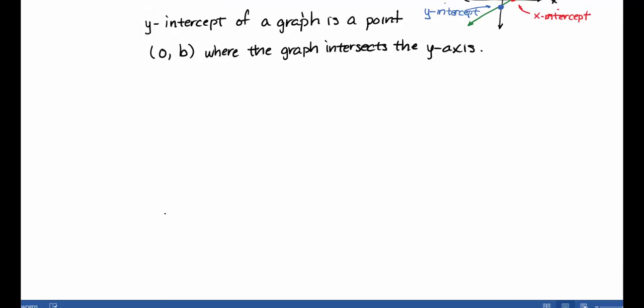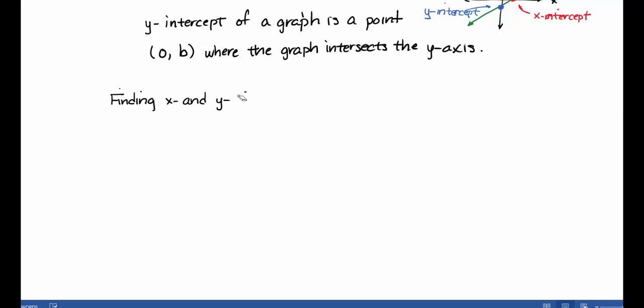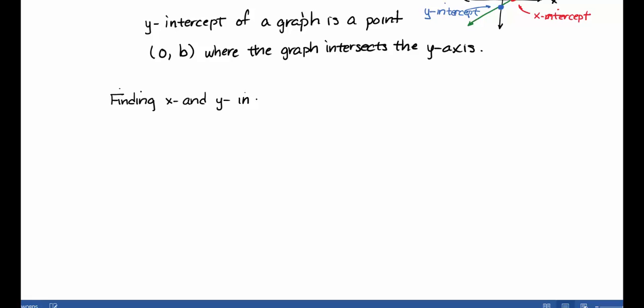So now we need to find what those points are. So we're finding x and y intercepts.